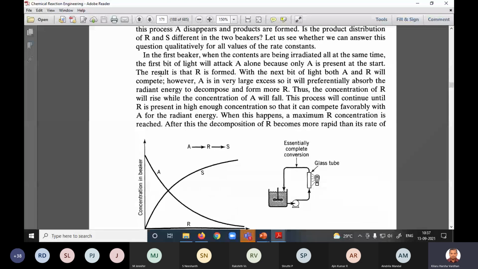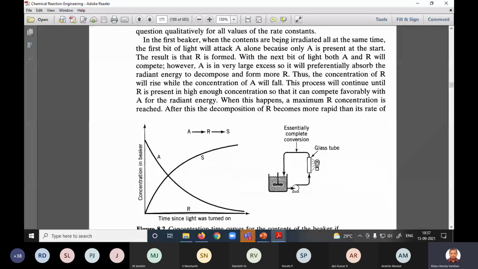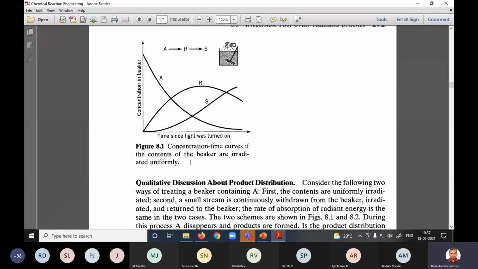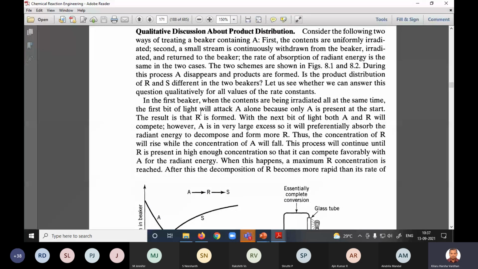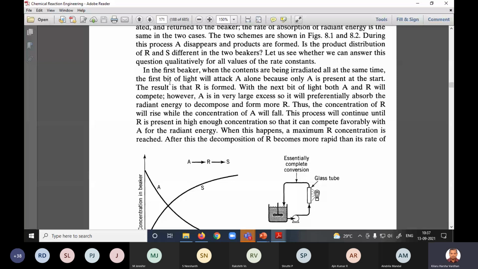Let us see. In the first beaker, the contents are being irradiated all at a time. Therefore, the first bit of light will attack A alone because only A is present at the start. The result is that R is formed.